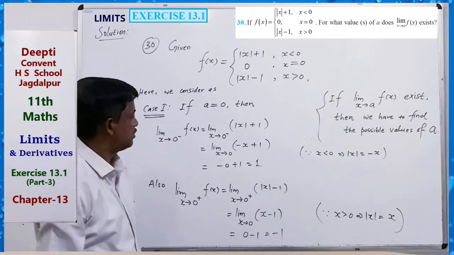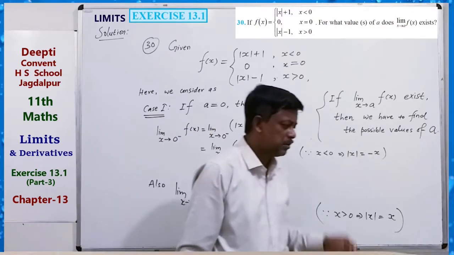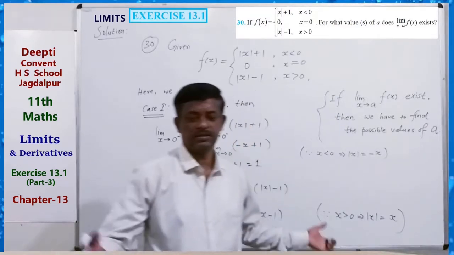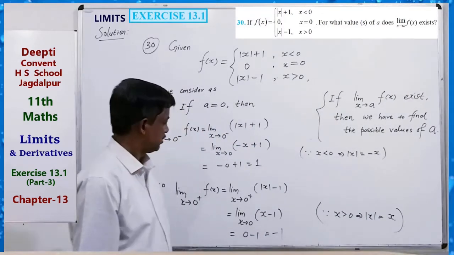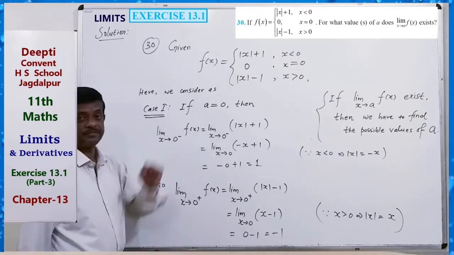So the limit is 1 here and minus 1 here. Plus 1 and minus 1 are not equal, so the left hand limit and right hand limit for this case do not agree.